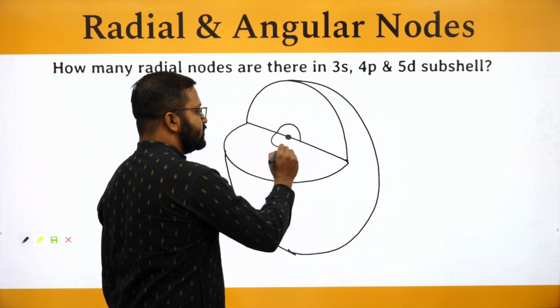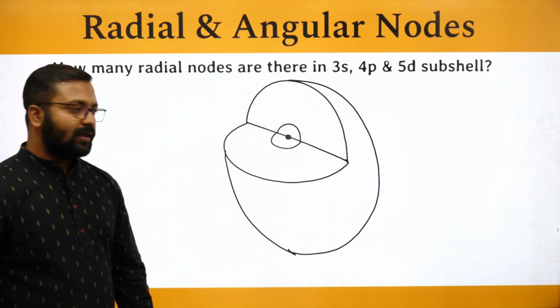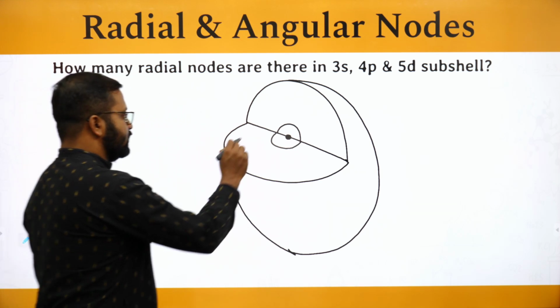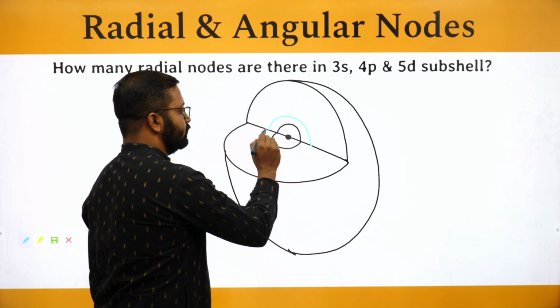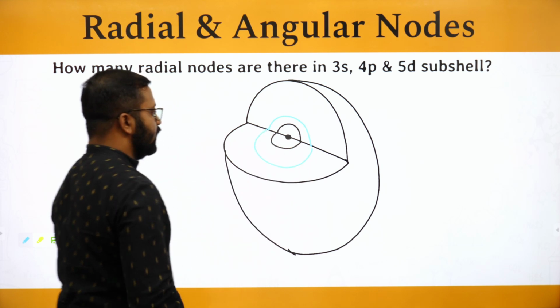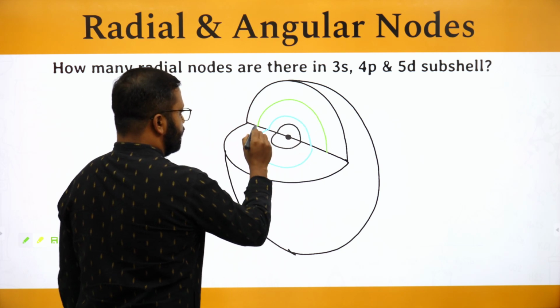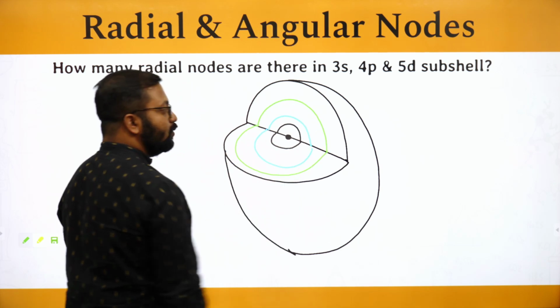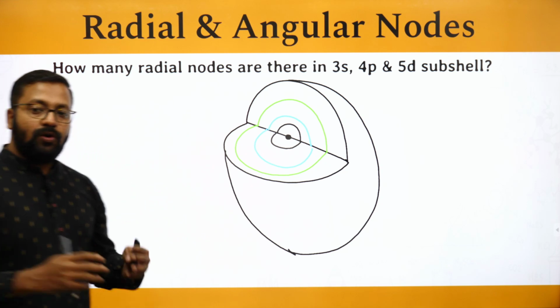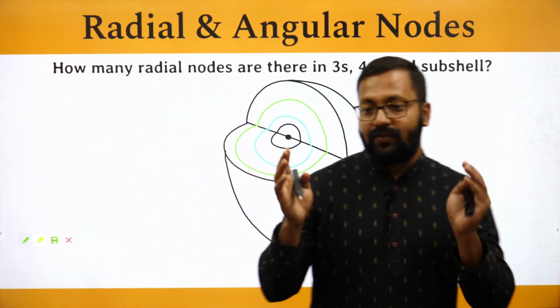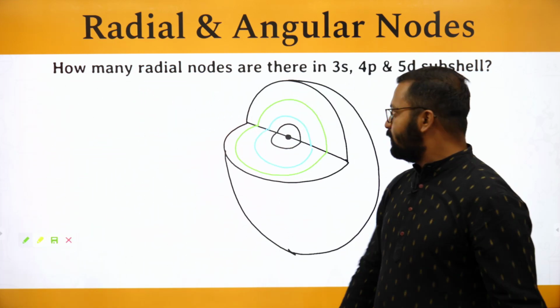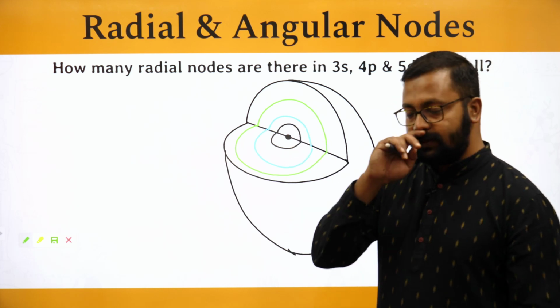Surrounding it is a small sphere. Then comes a slightly bigger one, then an even bigger one. And so we have many systems of concentric spheres.